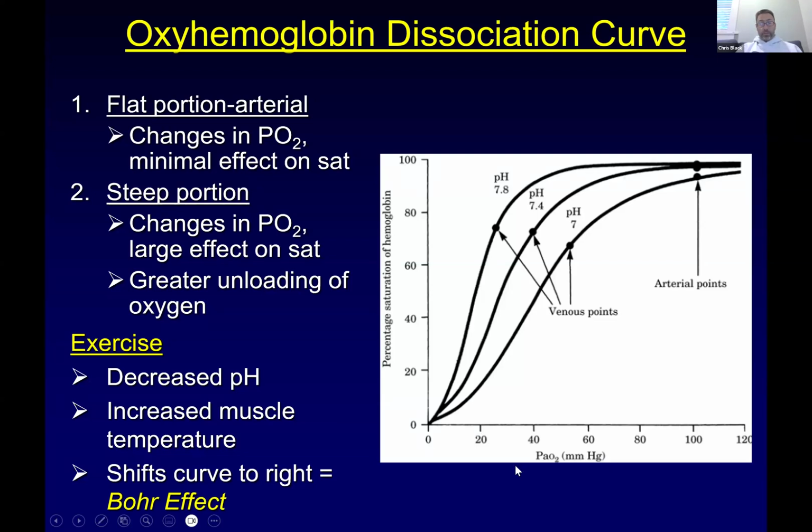And then on the x-axis, you can see what is called PAO2. This is going to be arterial, no, I'm sorry, this is alveolar O2 partial pressure.